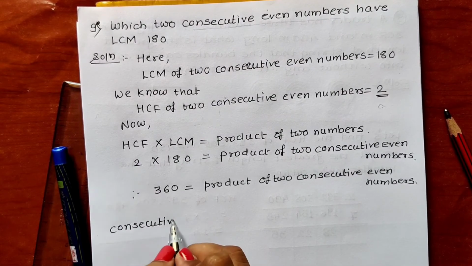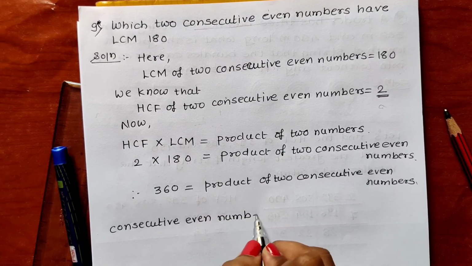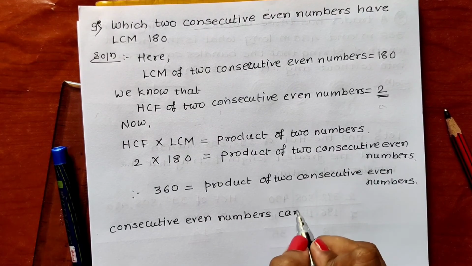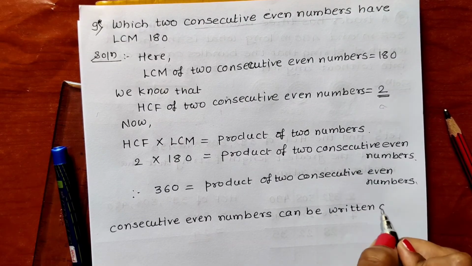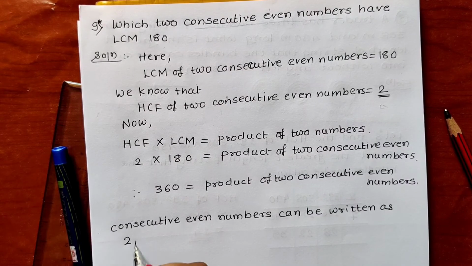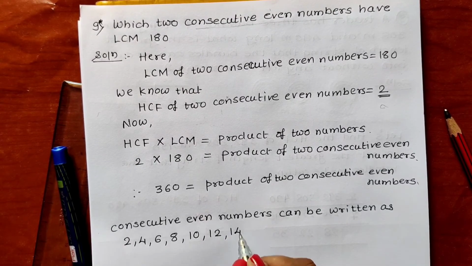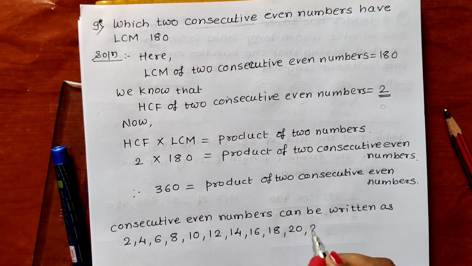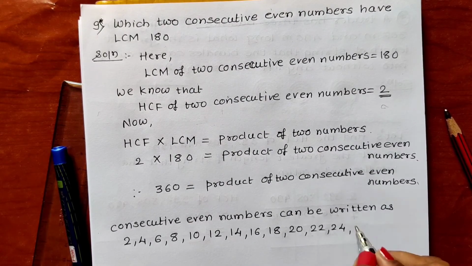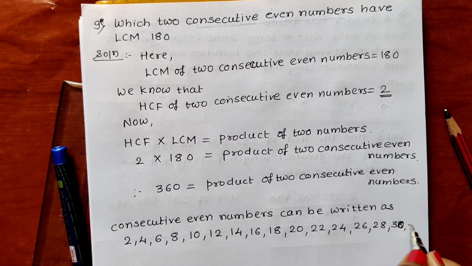Consecutive even numbers can be written as 2, 4, 6, 8, 10, 12, 14, 16, 18, 20, 22, 24, 26, 28, 30 and so on.